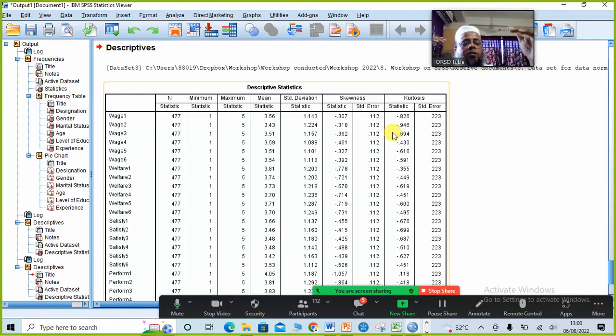And kurtosis is how much the peak is, very high or low. It also indicates the peakness of a normal distribution curve. If the peakness is disturbed, we can't apply the parametric test, and if we apply it, our result will be falsely described.